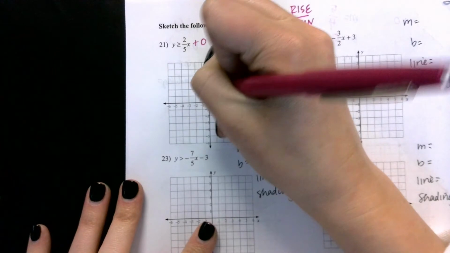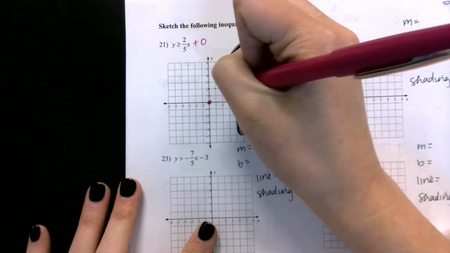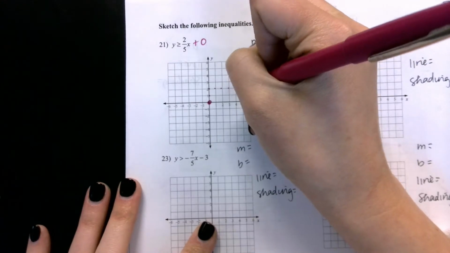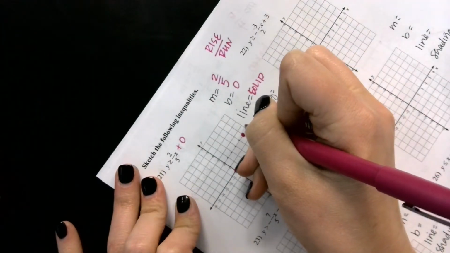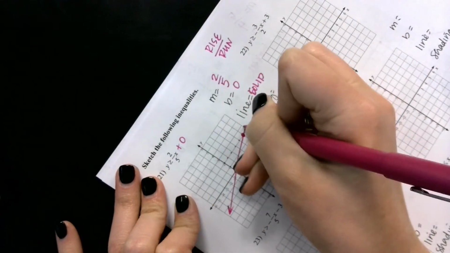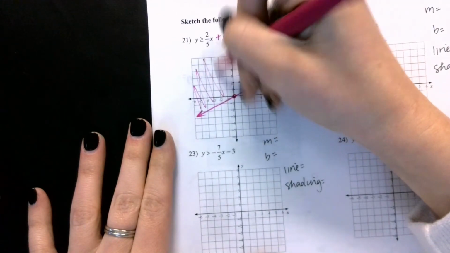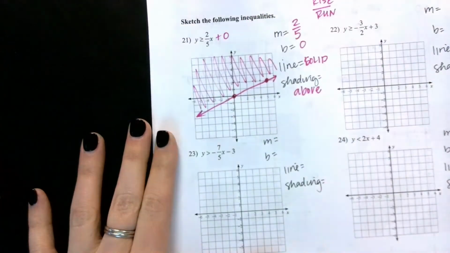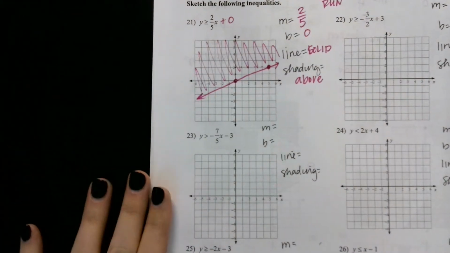So up 2, and then our run is 5. 1, 2, 3, 4, 5. Our line is solid, so we can draw a solid line between those 2 points. And our shading is above, which means all of our solutions are above that line. And that's how you do that.